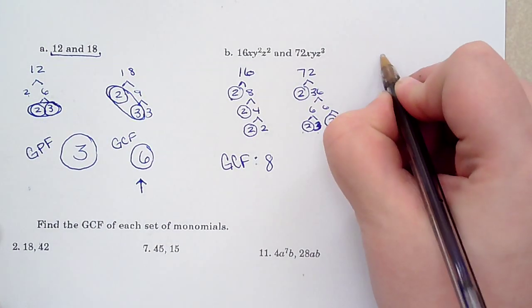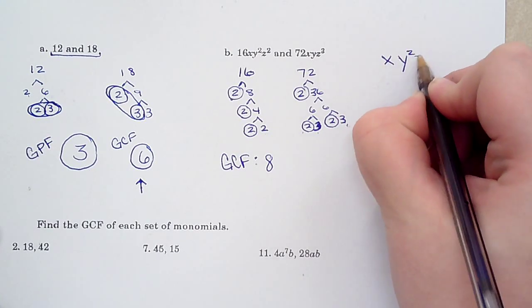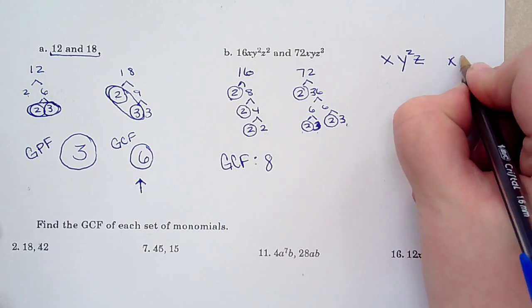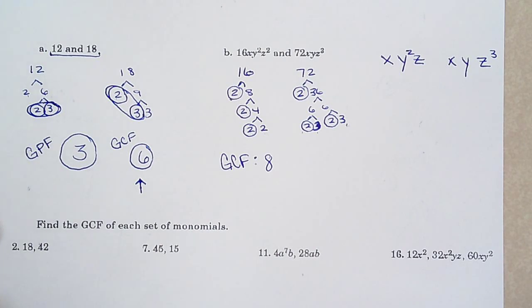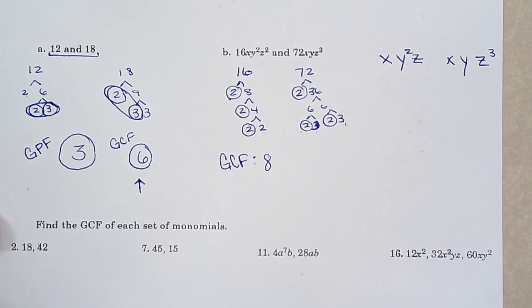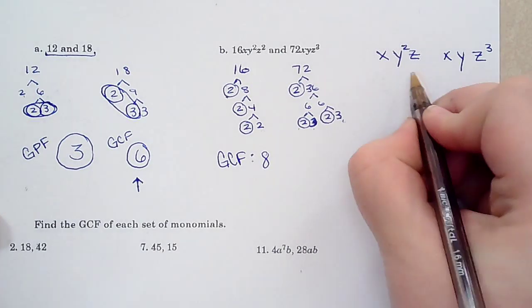Now we have to look at their x and y and z components. If we break these down into a factor tree, it's not going to get much better. So I just want to see what they both have when I look at them side by side.